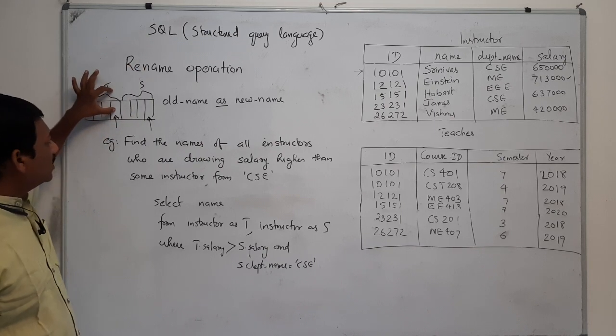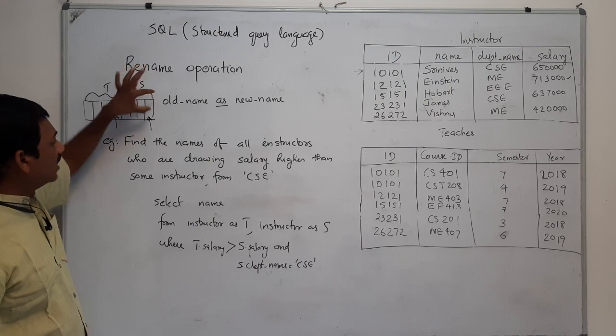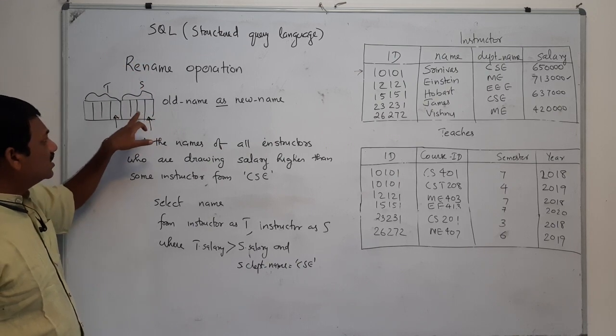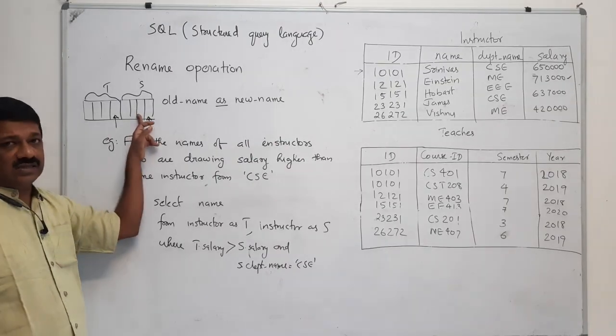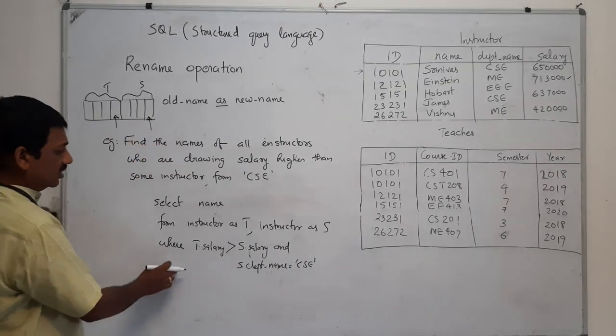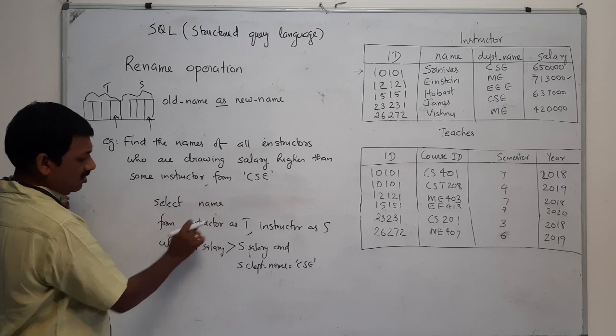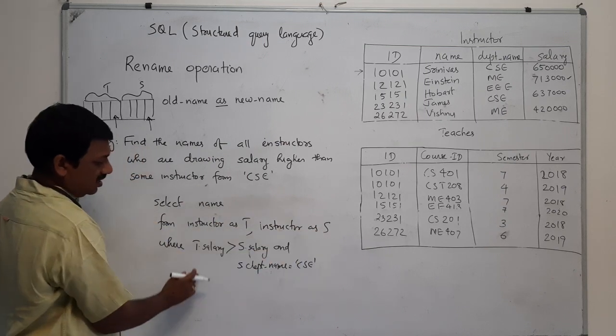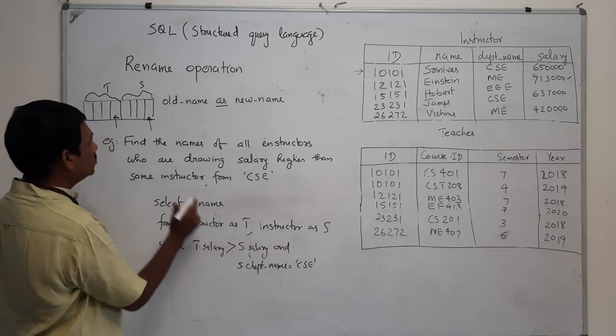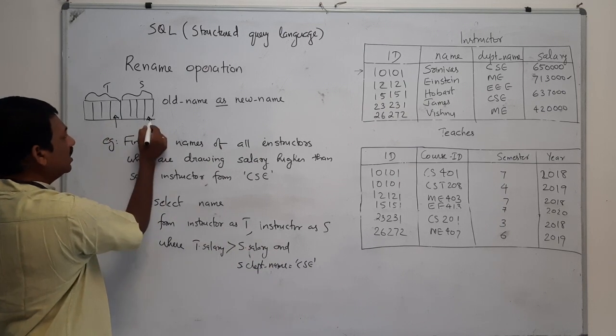T dot salary should be greater than S dot salary, and at the same time S dot department name should be CSE. That is written here: select name from instructor as T and instructor as S, where T dot salary should be greater than S dot salary.